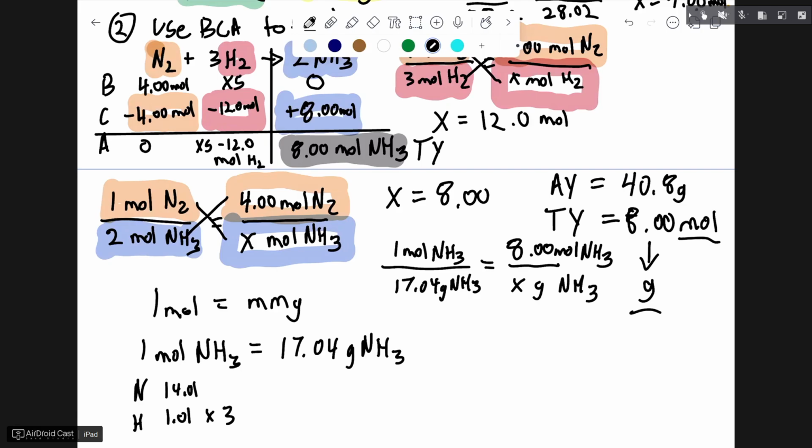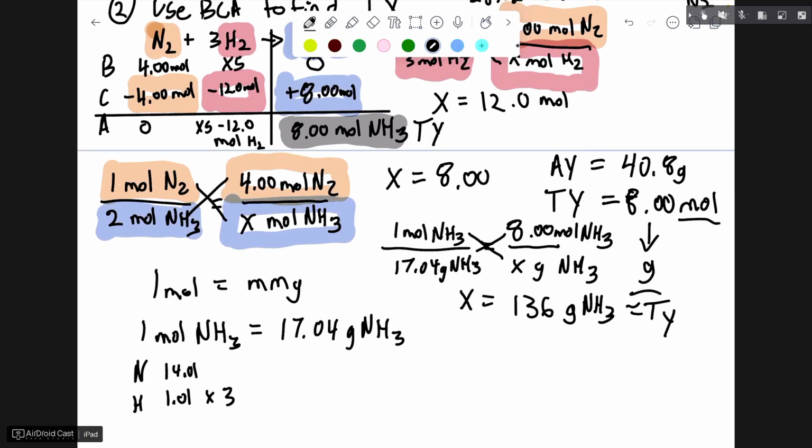Sorry, I got mixed up at where we were in the question. Again, we can cross multiply. 1 times x gets us x. 17.04 times 8.00 rounded to 3 sig figs gets us 136. So that's how many grams of NH3 we have left over. And again, this is our theoretical yield.